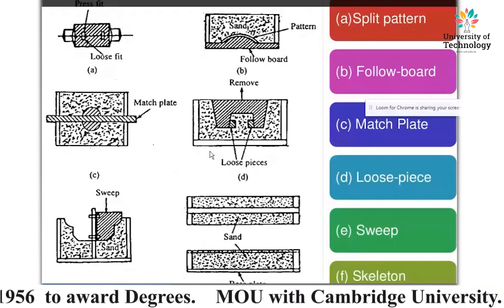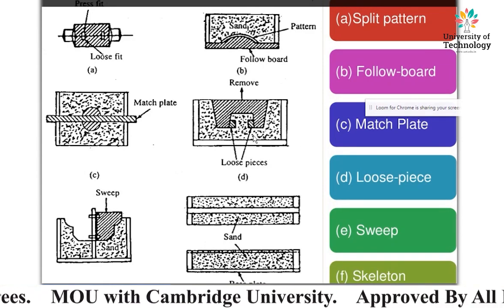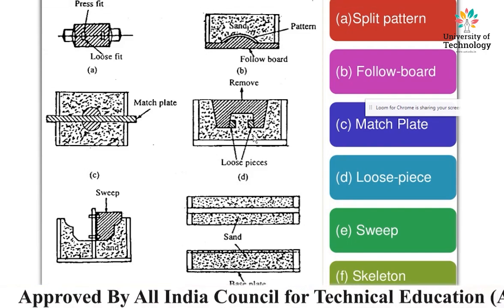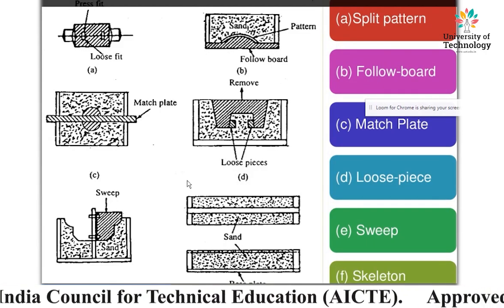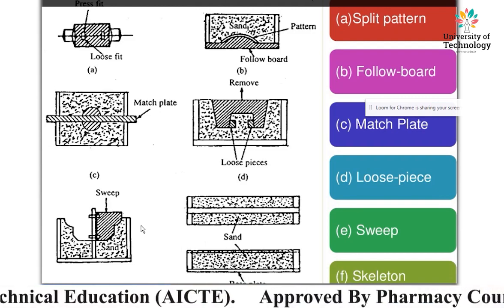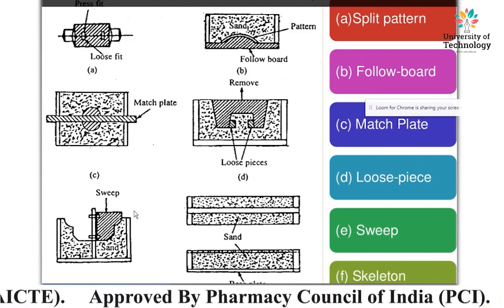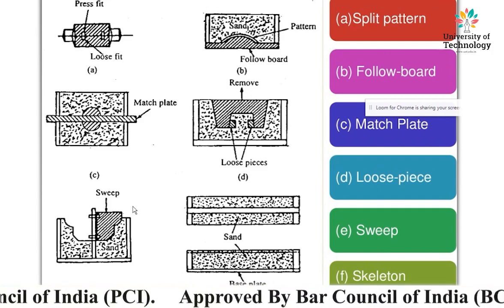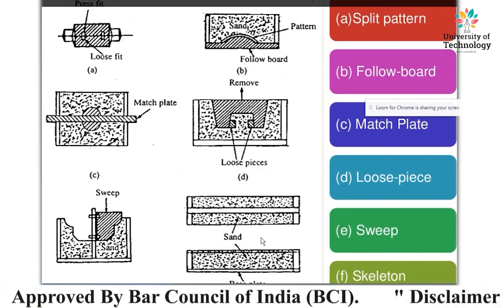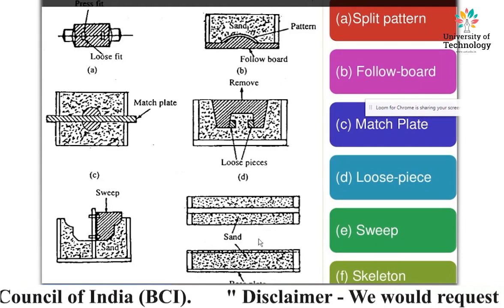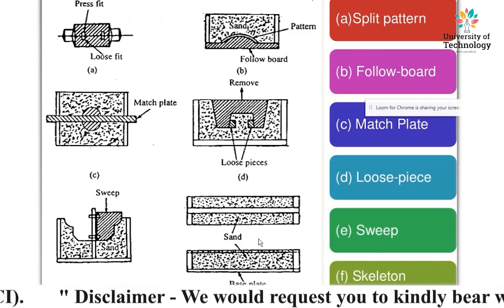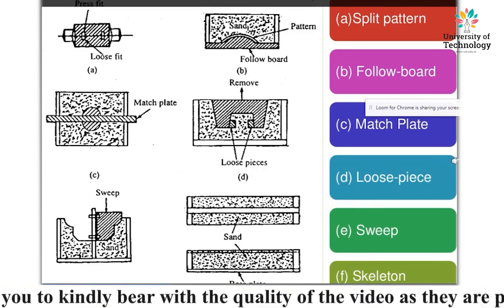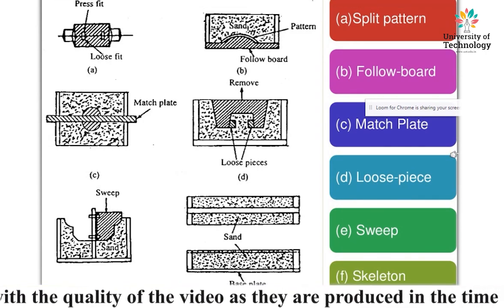A loose piece pattern means it disassembles into more than two parts. A sweep pattern has a moving spindle, and a skeleton pattern is as shown. These are basic figures of the types of patterns.